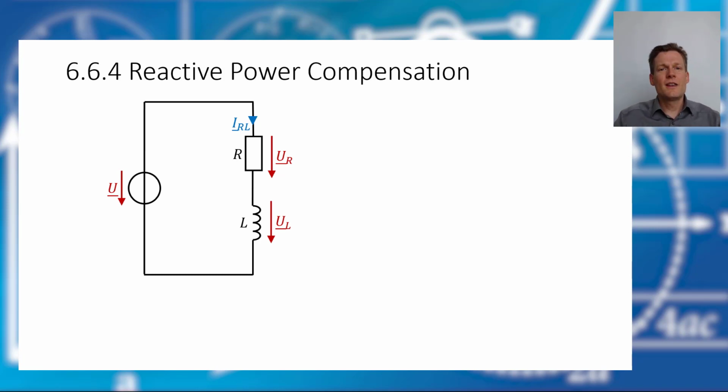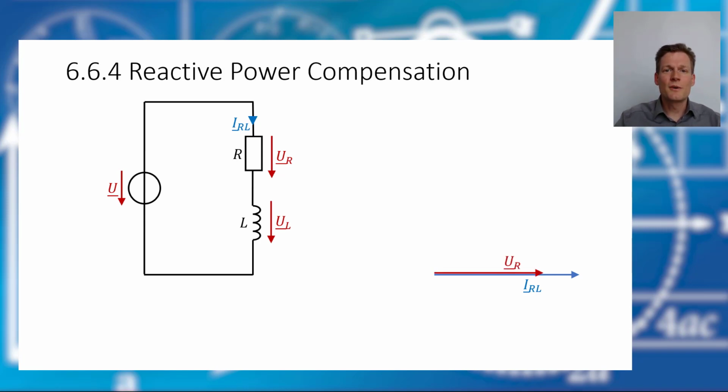Okay, and now let's say we have a load which is ohmic inductive. And let's draw a phasor diagram. I start here with our current, and we know that the voltage drop at the resistor is in phase.